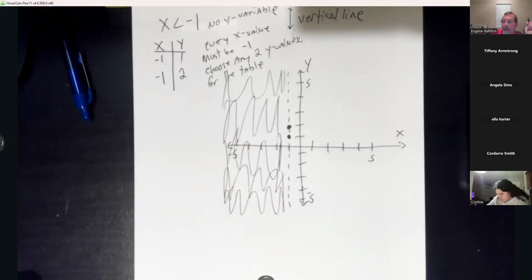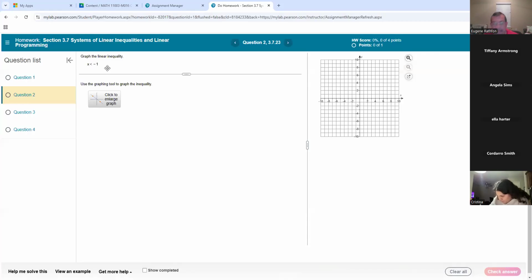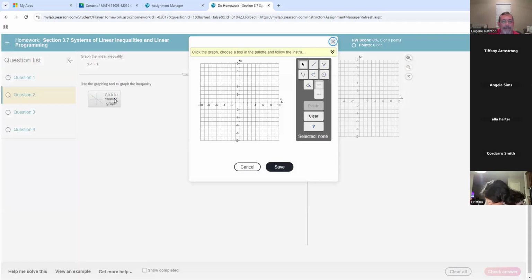All right, y'all. So let me show y'all that one on Math Lab real quick. So they gave me -1. I used it because I used their problem, right? There we go. So click to enlarge your graph. We got to make it dashed, so I'm going to click the line tool for dashed. I'm going to go grab the line tool up here to graph it.